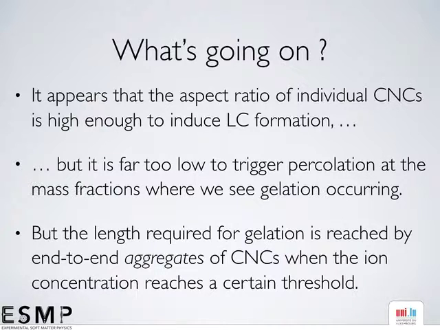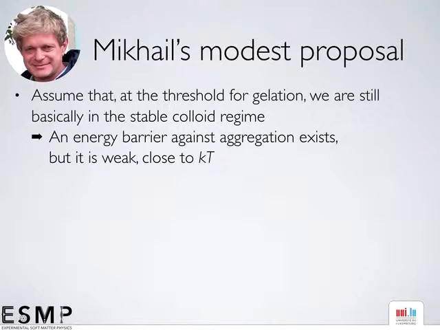And we had a visit by my old friend from my PhD time, Mikhail, and we described our results to him, and he had an interesting idea, and I point out a modest proposal here, because we are by no means saying that this is the true explanation, but it's the only attempt of explanation that I've heard so far, at least. So at least we are considering it.